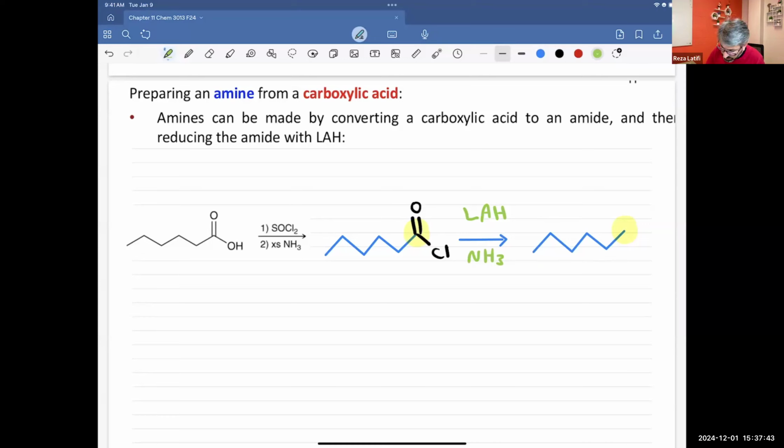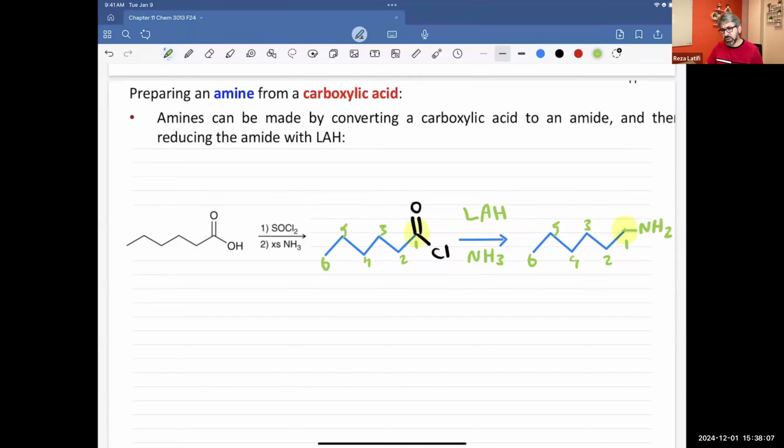In that case, we will get this: 1, 2, 3, 4, 5, 6. So we have 6 carbons. We did not add any new carbon. Next, we will have simply NH2 here.